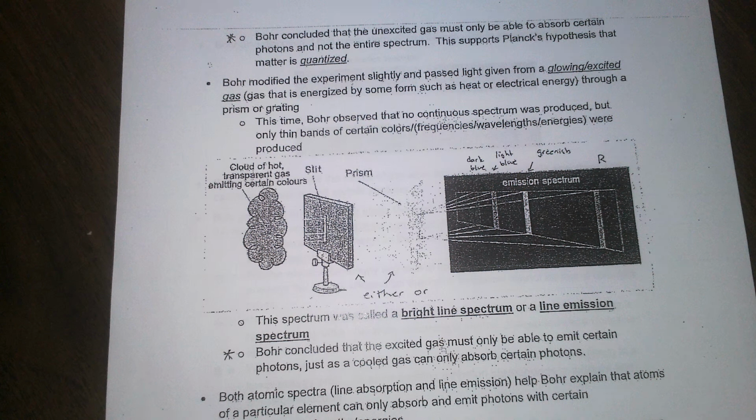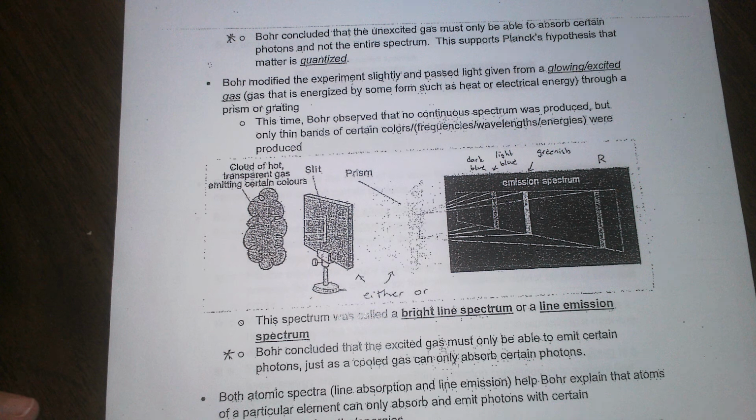Before, we took an intense amount of energy, pushed it through a cooled gas, ran it through a prism, and we saw these gaps in the continuous spectrum. Now he's taking the light and putting it through hot gas or energized gas, then running it through a prism, and he's like, okay, I don't see a continuous spectrum, but now I'm starting to see these bright bands.